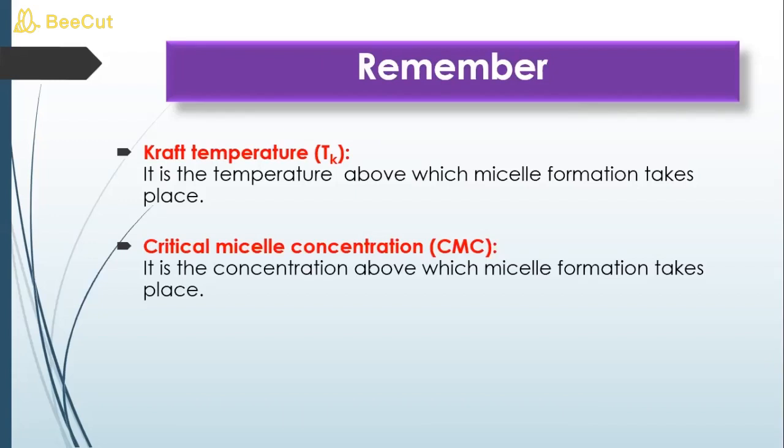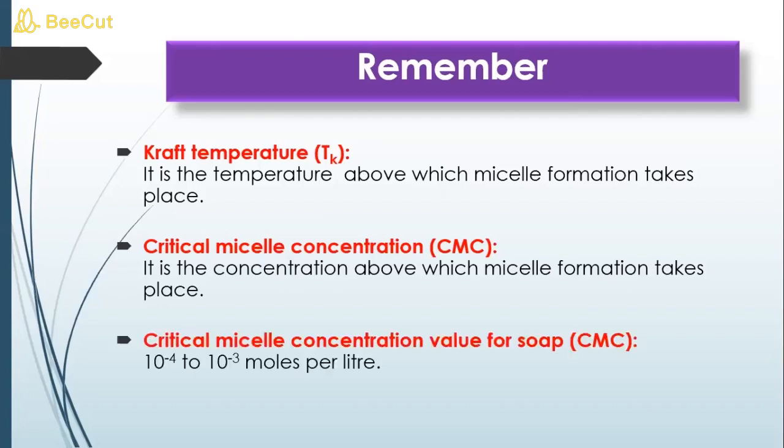For micelles or associated colloids to form, we need a certain concentration, and that concentration is called the critical micelle concentration. For example, the critical micelle concentration of a soap dissolved in water should fall between 10 power minus 4 to 10 power minus 3 moles per liter to form an associated colloid or micelles.